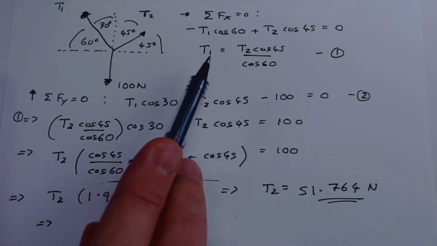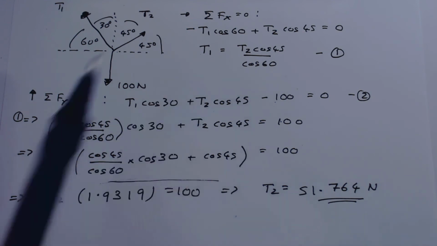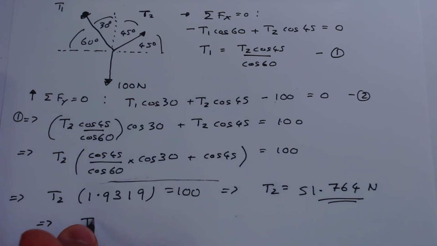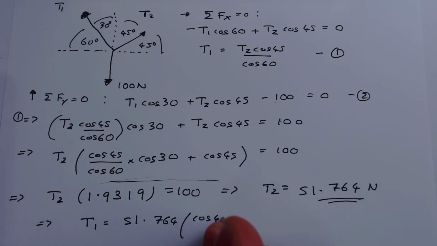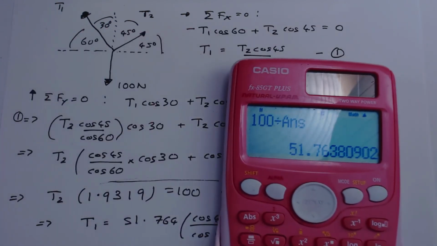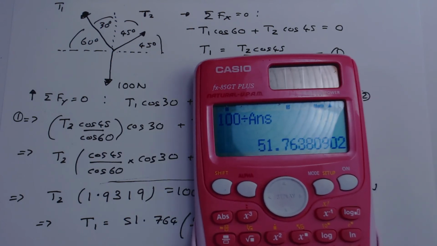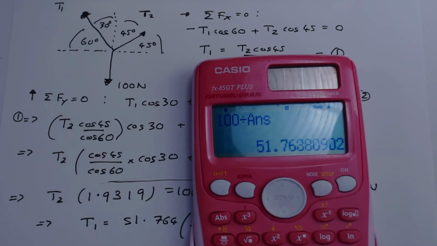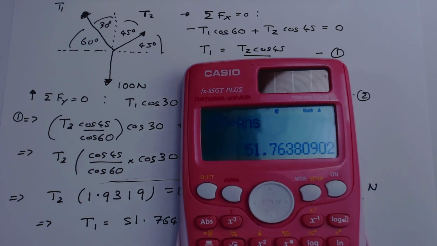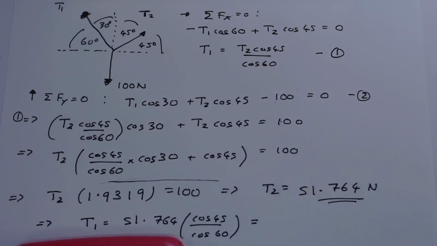Therefore we go back to here to find what T1 is. T1 equals 51.764 multiplied by cos 45 divided by cos 60 equals, so we're taking our previous number. If you've always got the number available, I'm always going to go back to the original number and not what I've rounded it up to be.